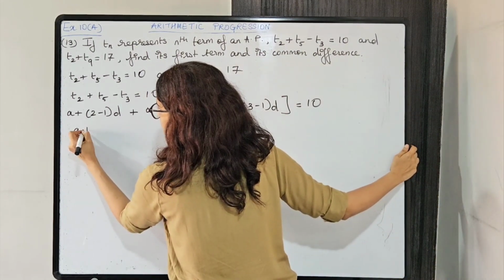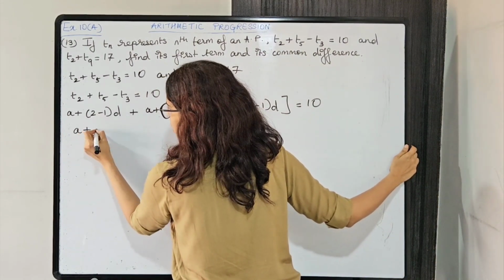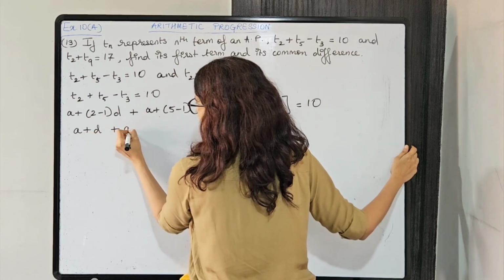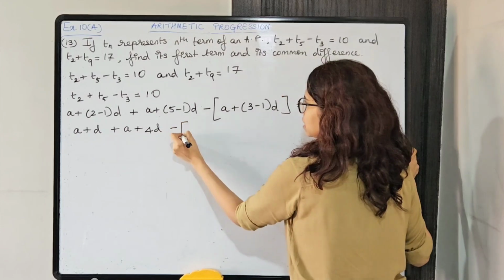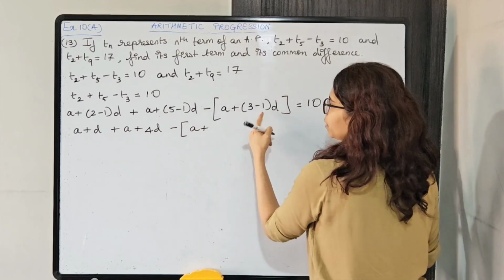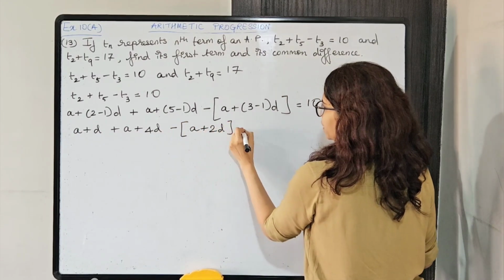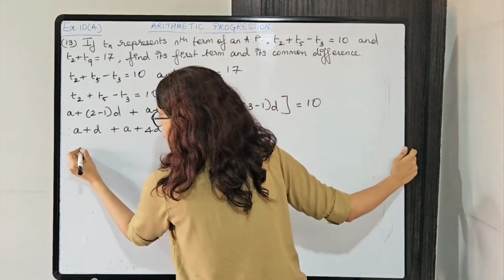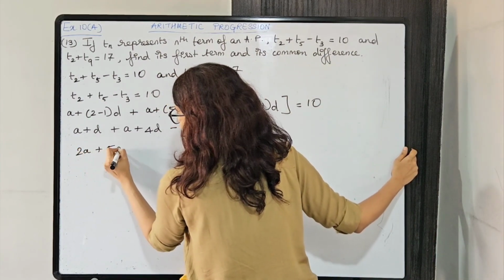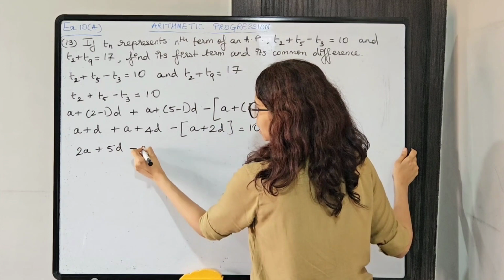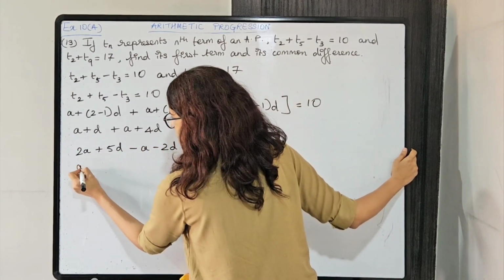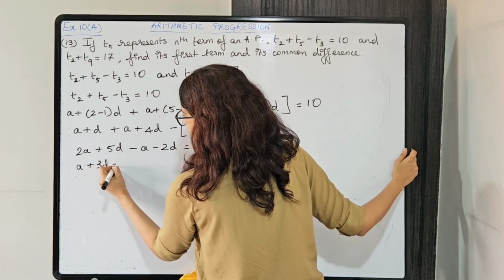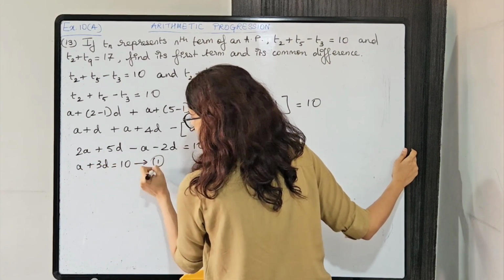So A plus 2 minus 1 is 1, 1D is D, plus A plus 5 minus 1, 4D, minus A plus 3 minus 1 is 2D equals to 10. So 2A plus 5D minus A minus 2D is equal to 10, that is A plus 3D is equal to 10. Mark this as first equation.